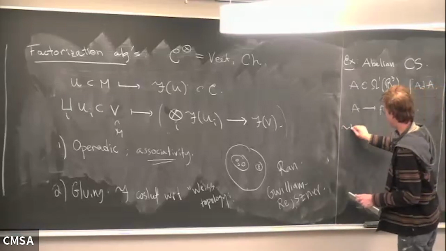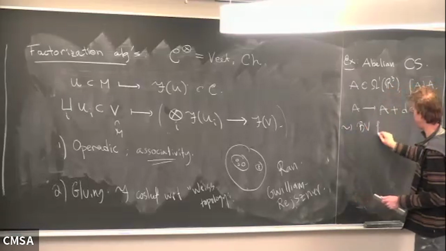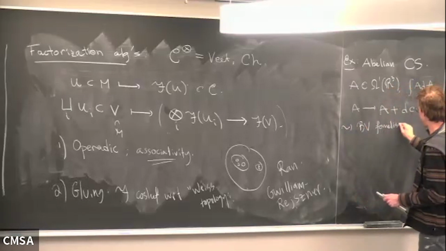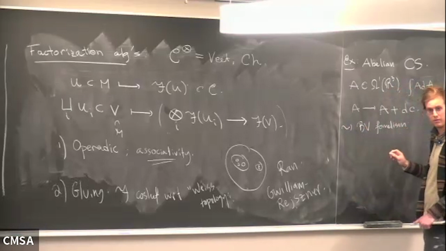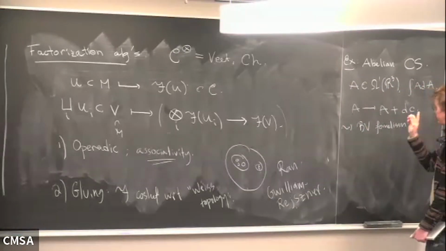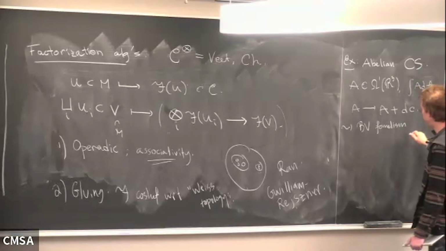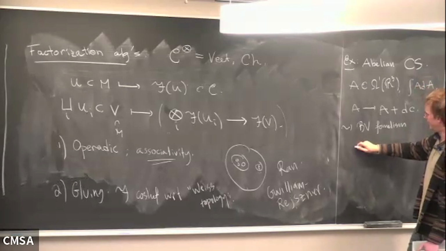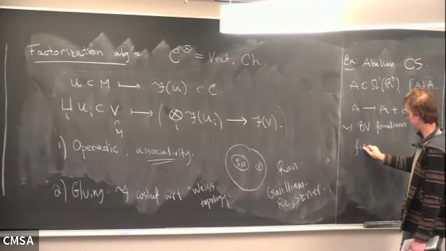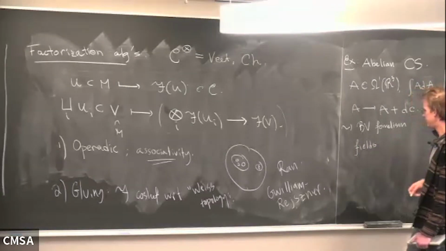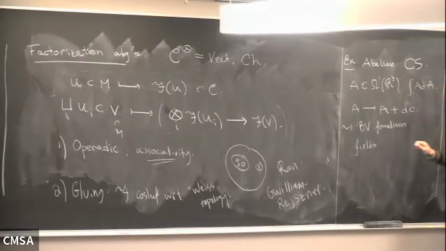That means that, taking this seriously in the BV formalism, I'm going to take a boundary condition, which you need of course to make sense of this. You'll see what I choose in a minute. So in the BV formalism, the fields are not just one-forms, but actually consist of the entire de Rham complex.